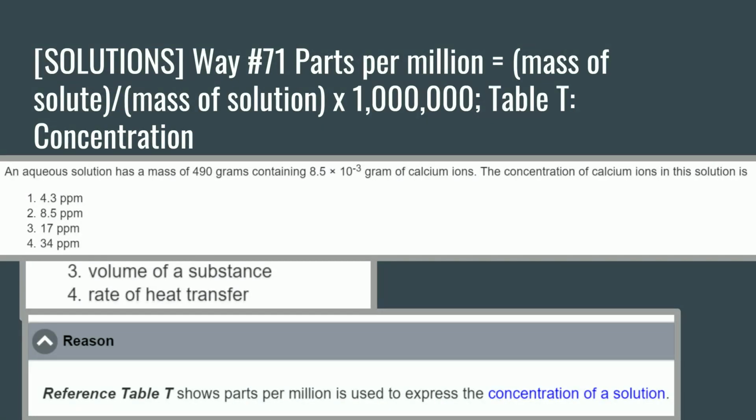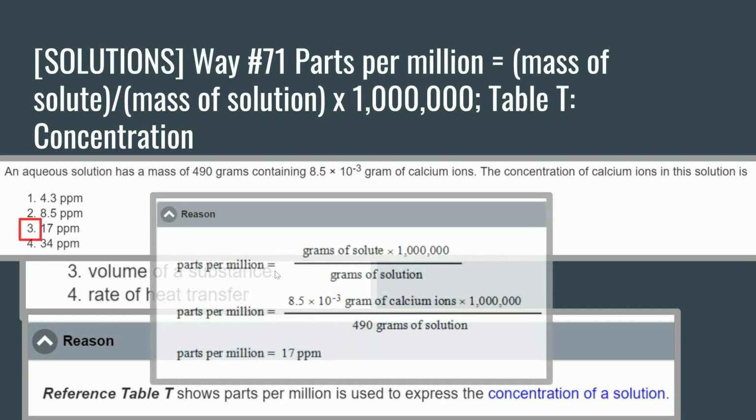To find parts per million, you need to find the mass of the solute and divide it by the mass of the solution. Here, the solute is represented by the grams of calcium ions, and the mass of solution is represented by 490 grams. Now that we have the masses of each, all we have to do is take each number and divide it into each other, like so.